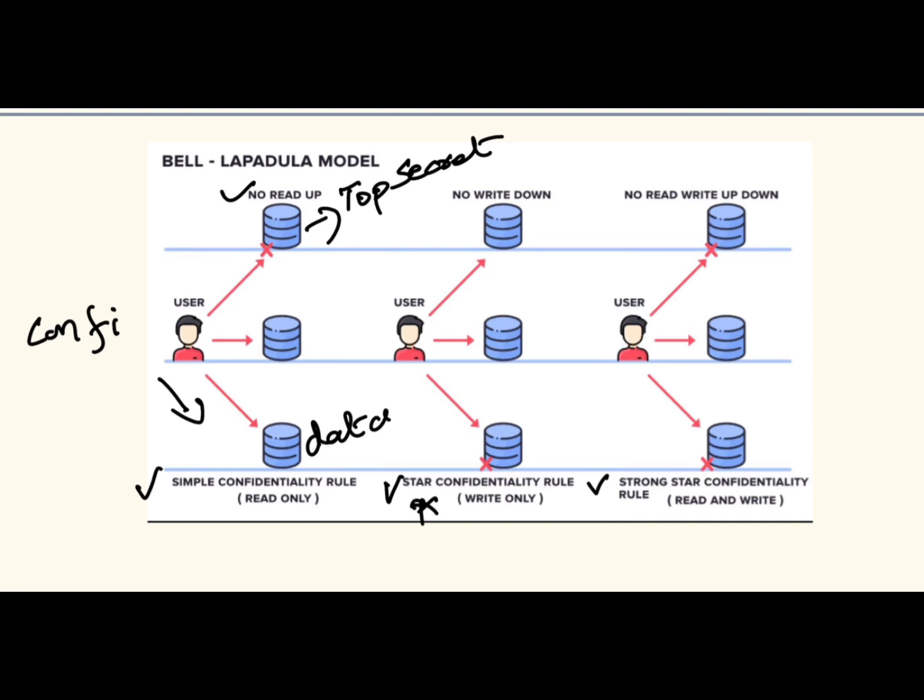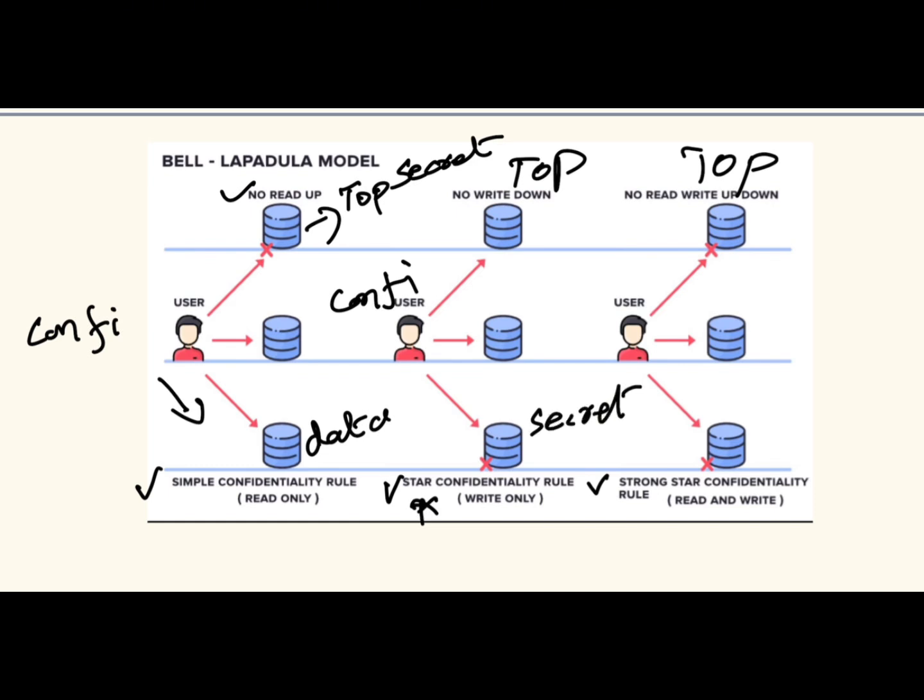If this particular user is again at the confidential security level, and let's assume these are all top secret, this user cannot write or modify anything at a lower clearance level. Top secret, confidential, and secret, let's say.